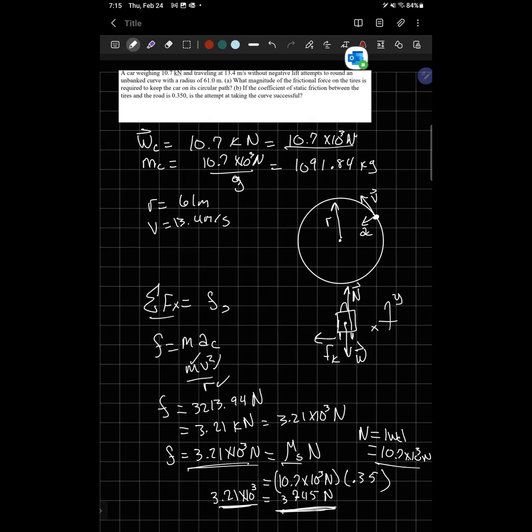It's greater than. So in part A, we were asked to find the magnitude of the frictional force on the tires that is required to keep the car in a circular path. So since my number is greater, will it be able to do that?